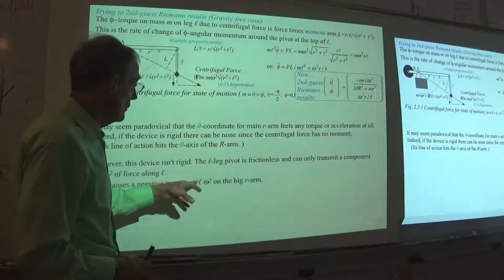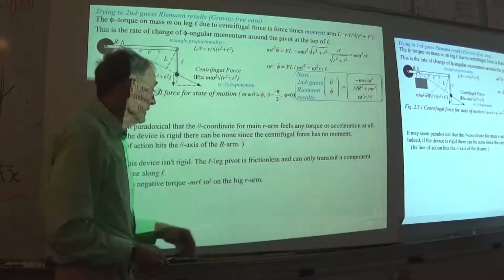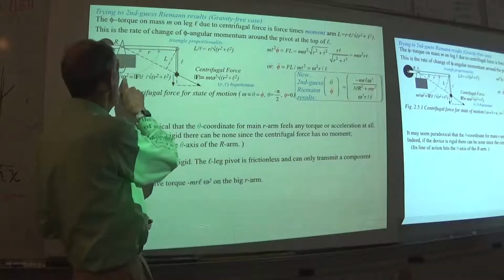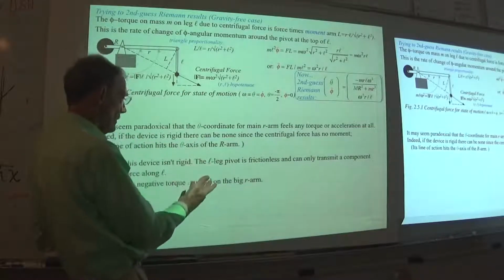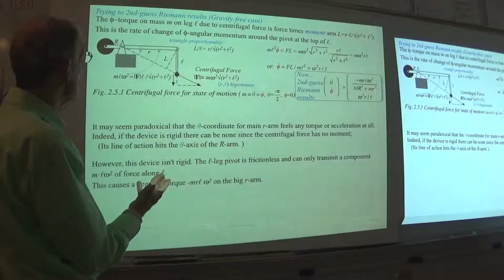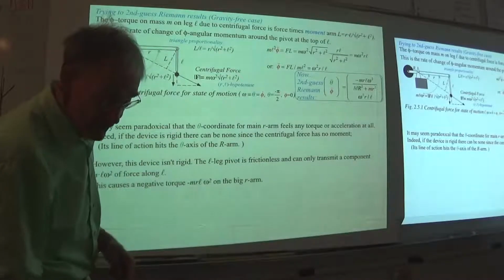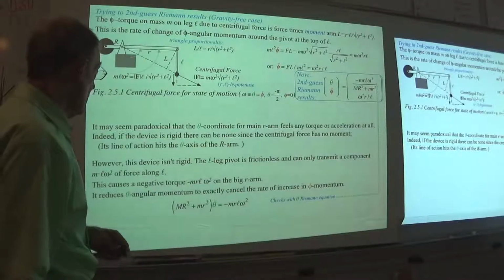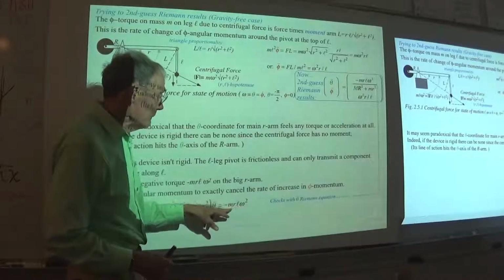So this would cause reverse MRL omega squared on the big arm, just from the geometry that we have here. ML omega squared right here, and then there's an R squared that comes in. Let me see if I got that. Well, it's right here. Okay, so those are the terms that you get, sort of figure out with this. So this would induce that guy.